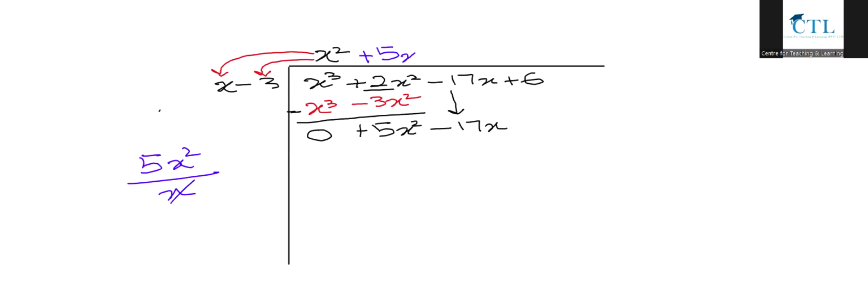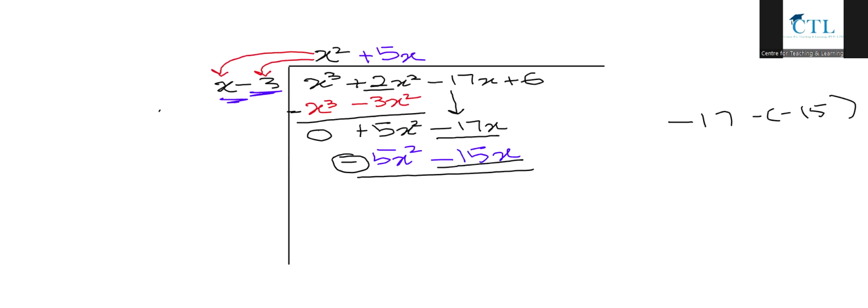As I told, whenever we write an answer at the top, you got two things to do. Multiply the 5x with the x, you get 5x squared, and multiply the 5x with the number minus 3. So 5 times minus 3 is minus 15x.